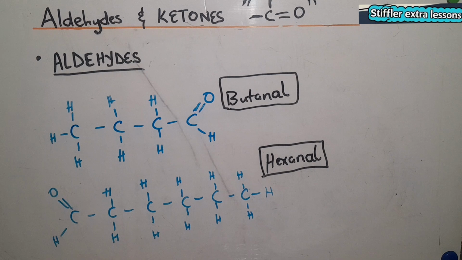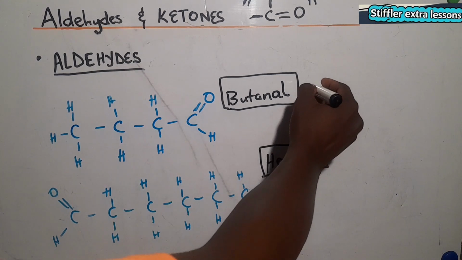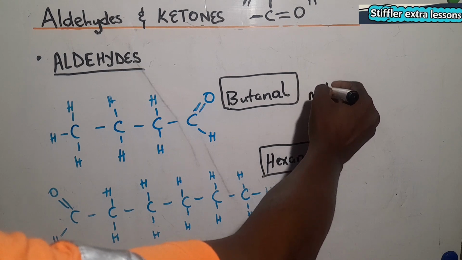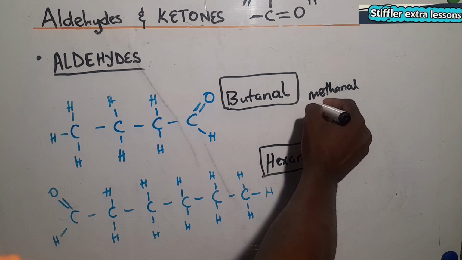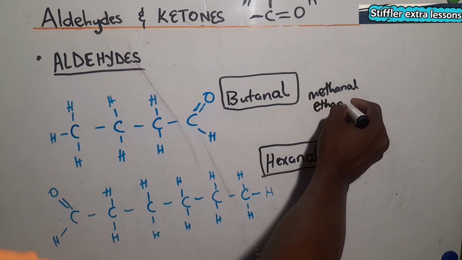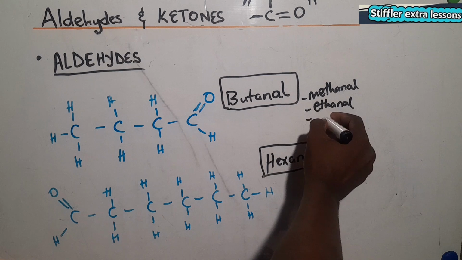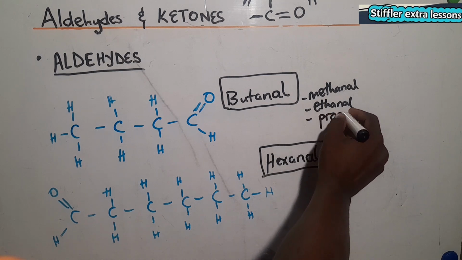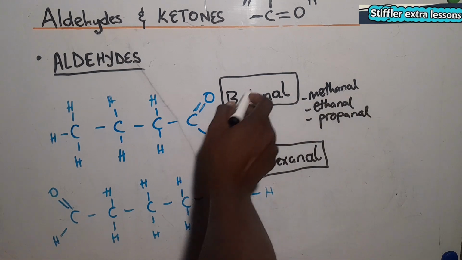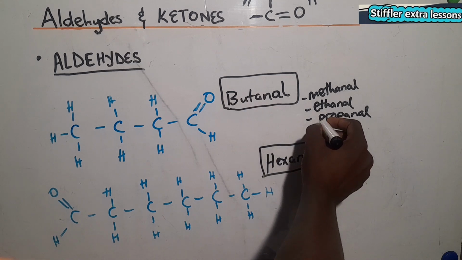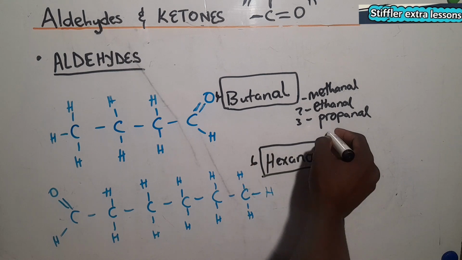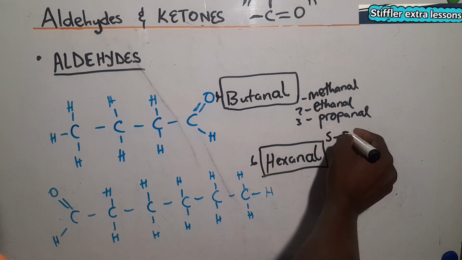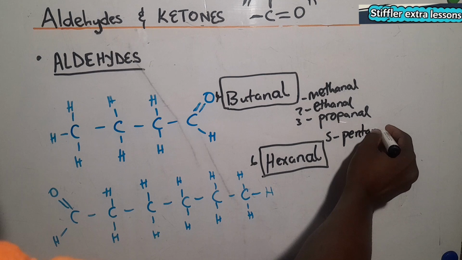To make this simple, if we only have one carbon, it will become methanal. If there are two, that will be ethanal. If there are three, then that will be propanal. And we already talked about 4. If there are 5 carbons, that will be pentanal.